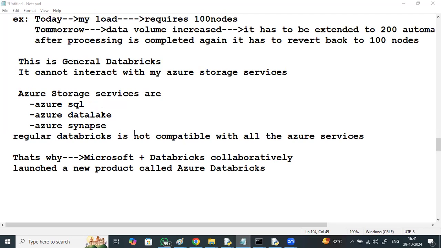That's why Microsoft and Databricks collaboratively launched a new product called Azure Databricks.